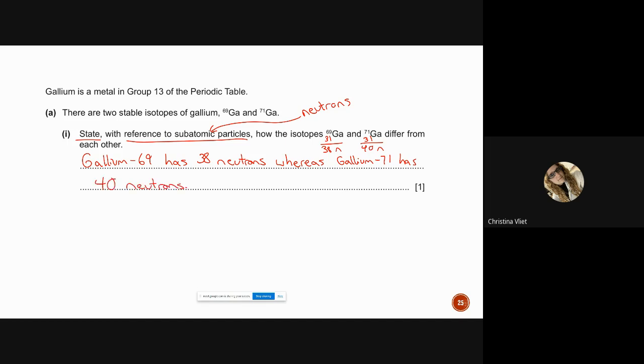And so you are specifically stating how the neutrons are different in these two isotopes. Do you see the difference? This is not asking for you to define isotopes. It's asking for you to apply your knowledge about isotopes using this specific example.